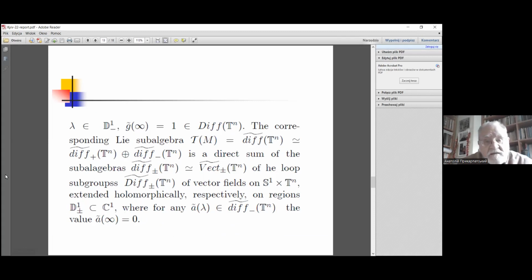If we take the tangent space to this diffeomorphic group, and respectively the cotangent space, we have a Lie algebra of vector fields analytically depending on parameter lambda inside and outside of the unit disk on the complex plane, which can be split into two parts, and the splitting will be direct.